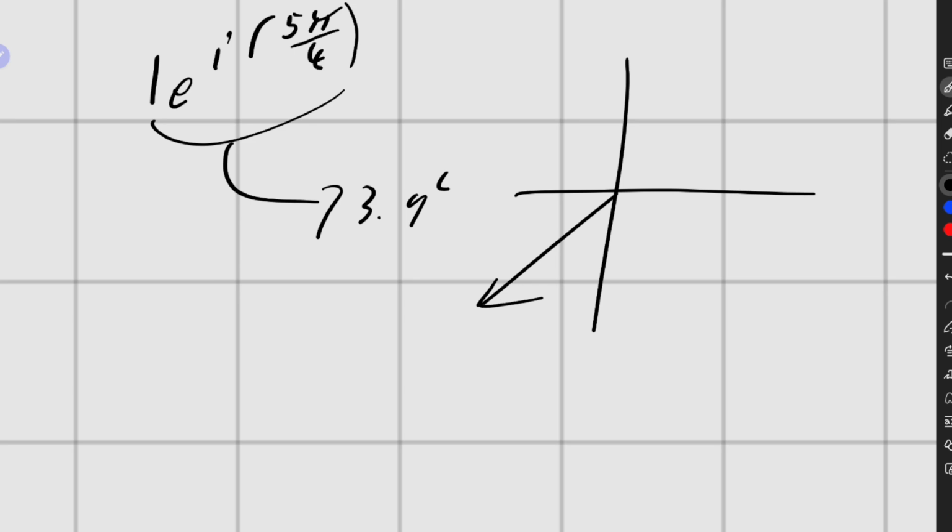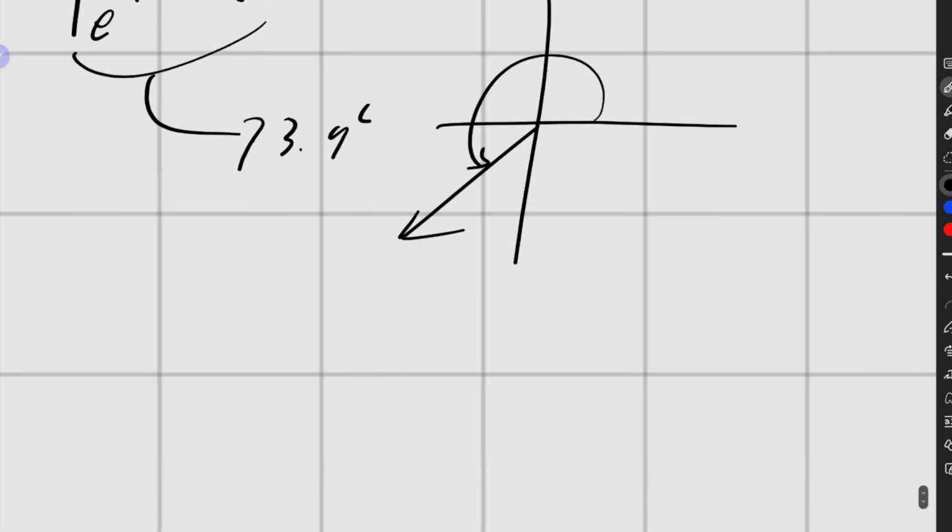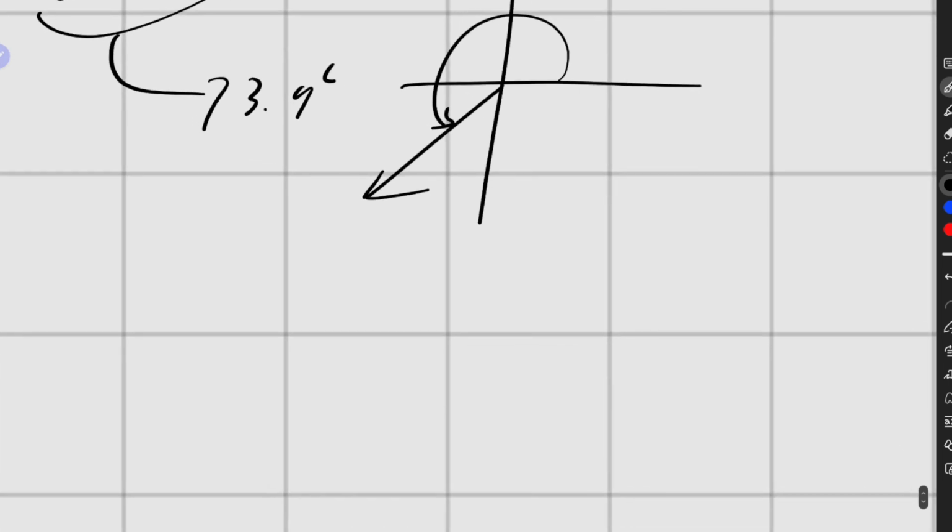This is your angle right now. You cannot use this angle in the complex plane. So what do you do? From your unit circle knowledge, you know this is 2 pi. So you're going to do 5 pi on 4 minus 2 pi. You're going to get a negative value.